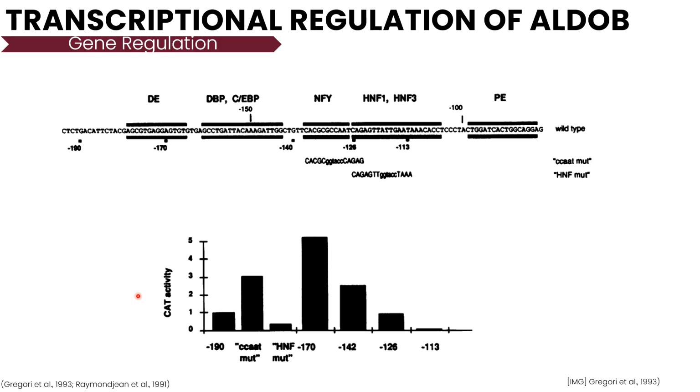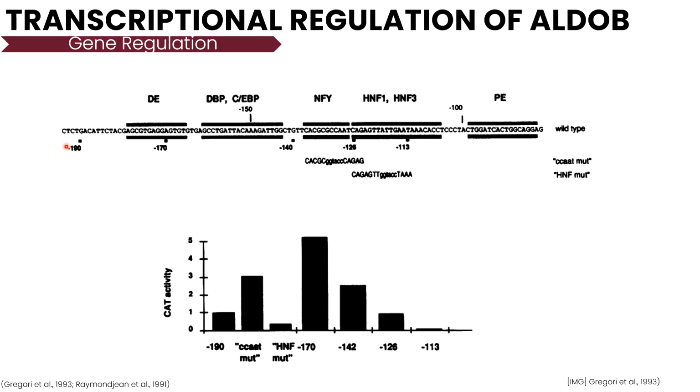So earlier work of Raymond Jean and his colleagues helped characterize the regulatory regions of the Aldolase promoter and identified binding sites for liver-enriched transcription factors. Building on that work, Gregory and his colleagues then examined how these regulatory sites and their associated transcription factors actually influence ALDO-B promoter activity.